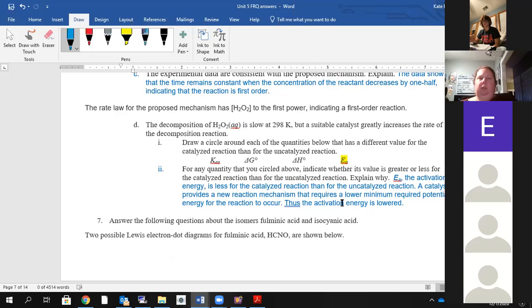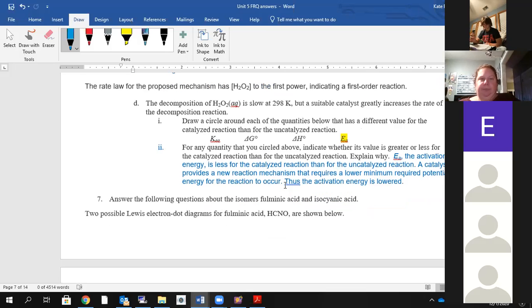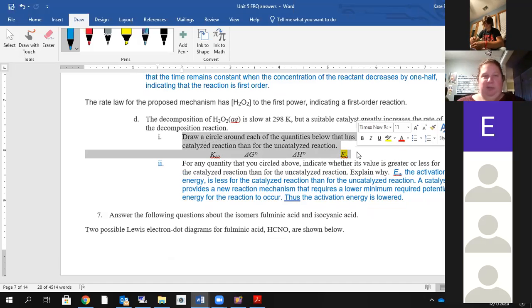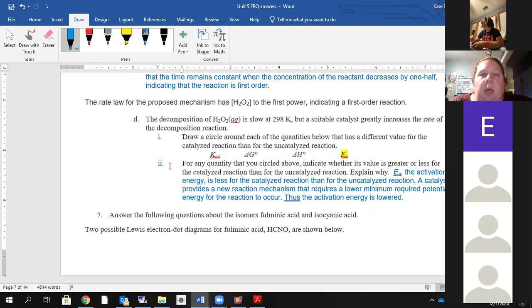Did I take it out? What was E? Draw a circle around each of the quantities below that has a different value. Oh, it's right here. Evidently that just doesn't have an E on it. Evidently I changed the number somehow. Does it go D, E, F? Okay.